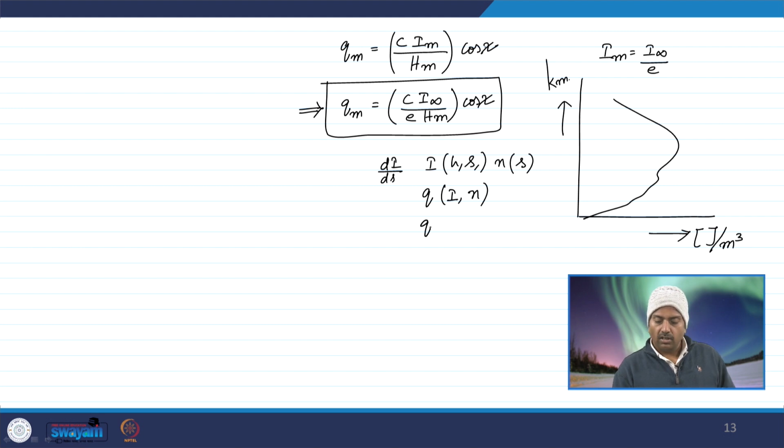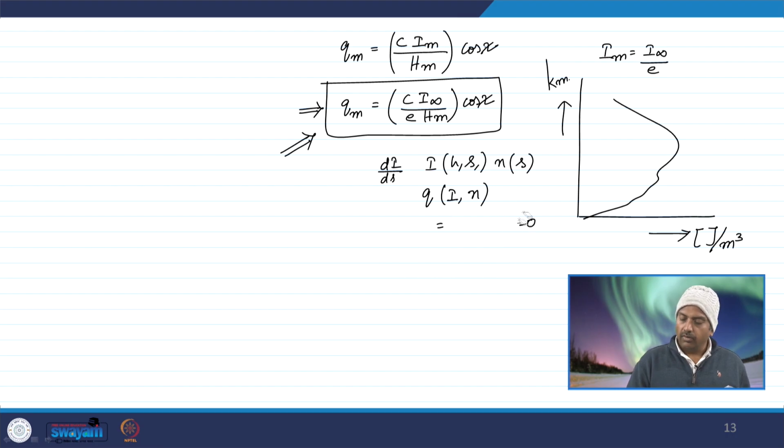So, Q reaches Qm, that is when rate of change of Q becomes 0. Using this we have got two terms, both the terms independently we have evaluated and added, and subsequently we got this. Okay.